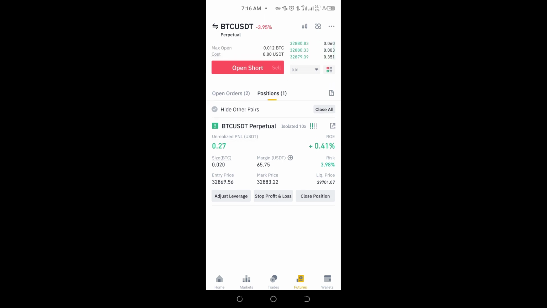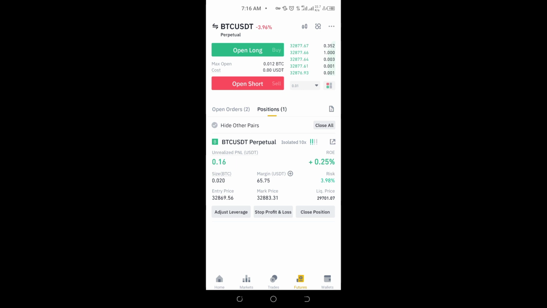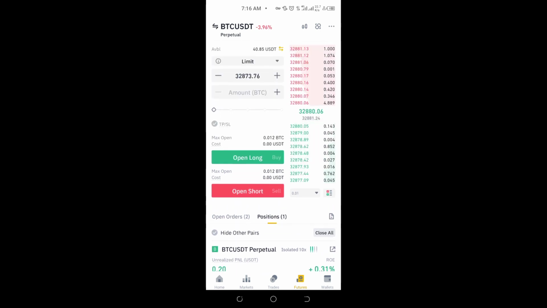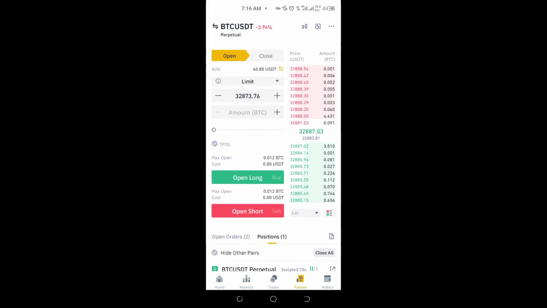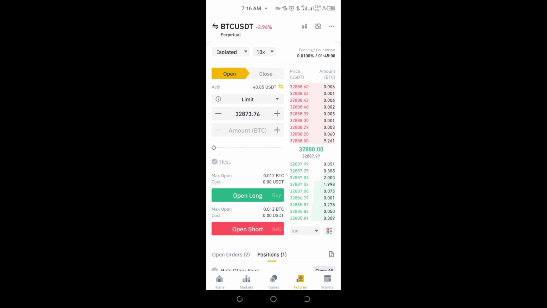Oh, we didn't do it rightly, so it has instead gone and modified the previous trade. So let's do it again. So with the limit price, you can actually set the price at which you want to buy or sell. So let's say we are using 25% of our account.